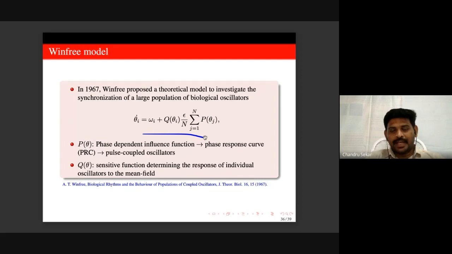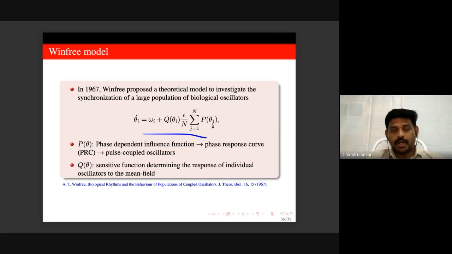Here Q of theta is called the sensitivity function, which determines the response of the individual oscillator to the mean field. And P of theta is called the phase dependent influence function. This is always a pulse shaped function.